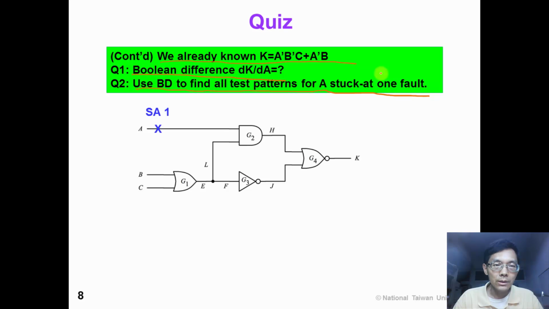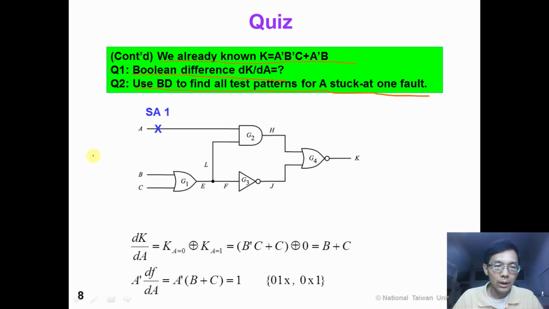Have you got the answer? The Boolean difference dk over dA is equal to the negative cofactor inclusive or the positive cofactor. If we plug in A equal to 0, we will get B prime C. If we plug in A equal to 1, we will get 0.